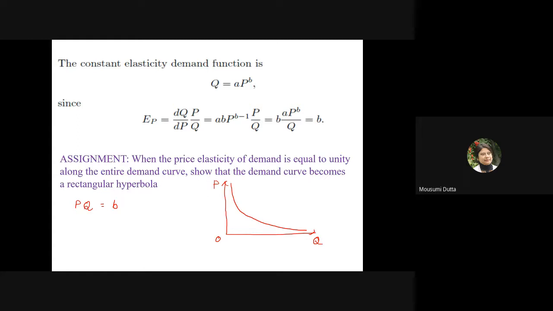Okay, so you have to start with the elasticity formula. You have to set the value to be equal to 1, and you need to check whether from this equation you can have a line like this.